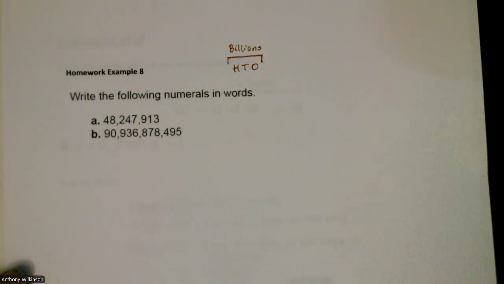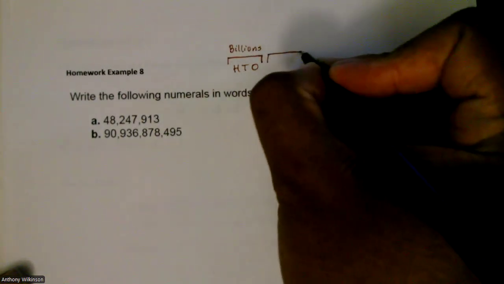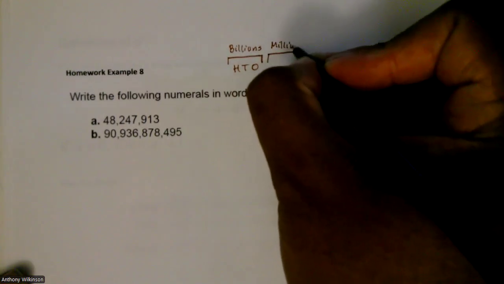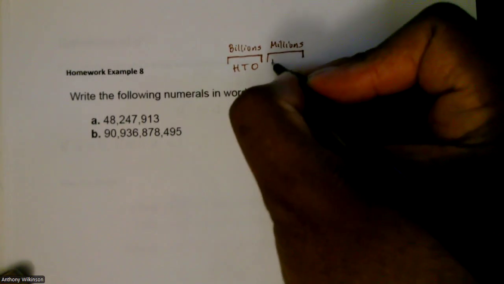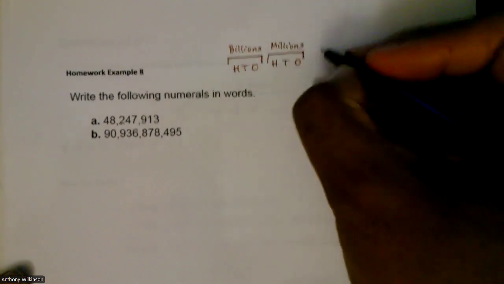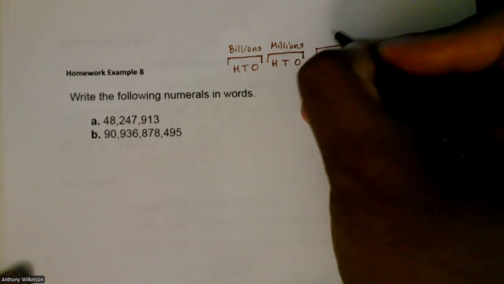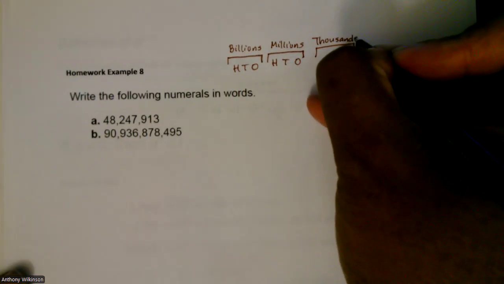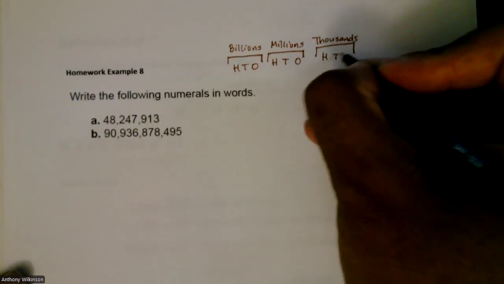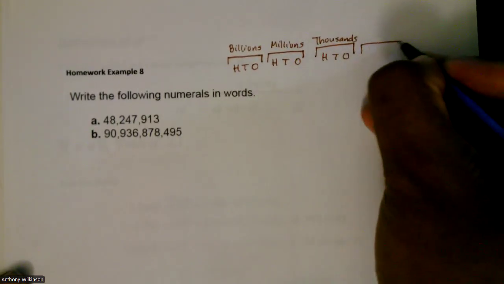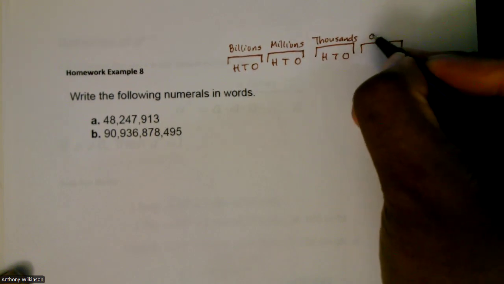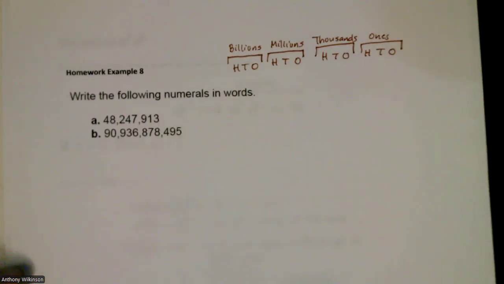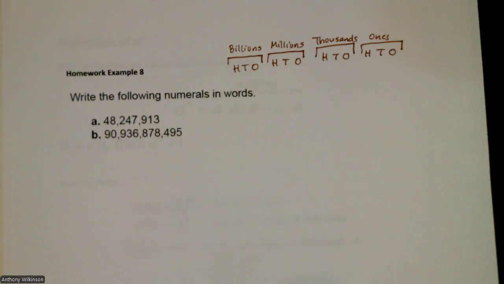I'm starting off with the billions period, and then millions period that contains hundreds, tens, and ones. Then you have the thousands period with hundreds, tens, and the ones. And then you have your ones period, simply hundreds, tens, and ones. Now this goes further to the left.